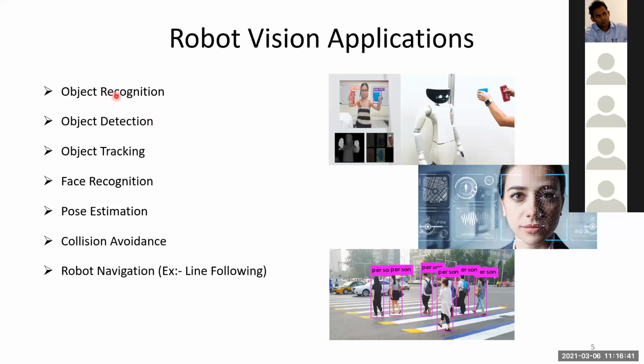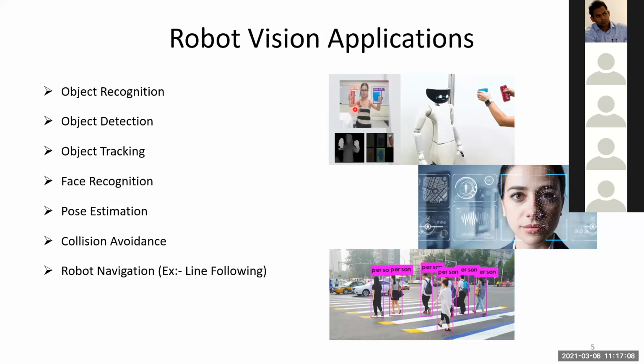Object recognition means labeling an image with a label. It has only one object in the image, and you give a label to that. Object detection means you identify different objects in the image. In that image there may be several persons or cars, so you identify the different objects. If you take this image, there's a Coca-Cola can and a glass, I guess.